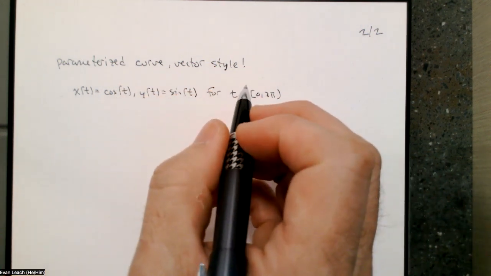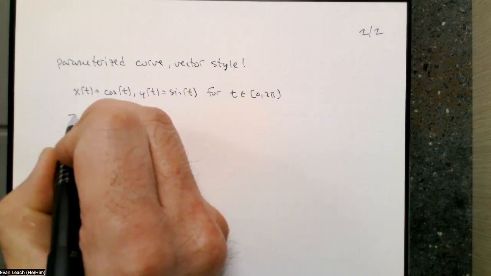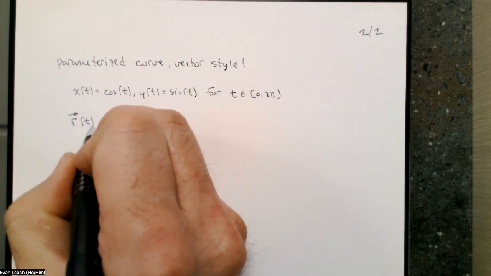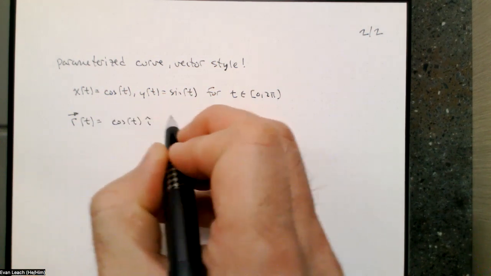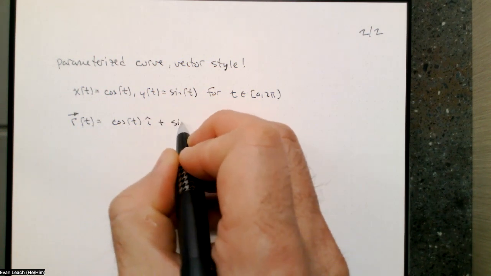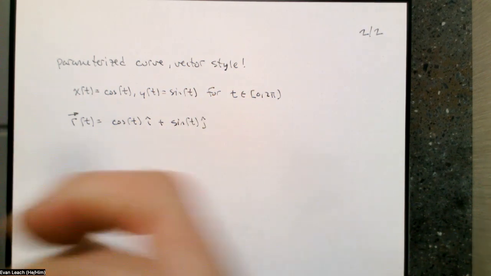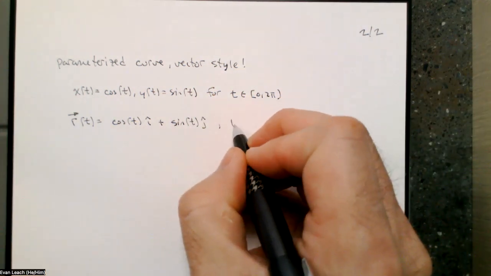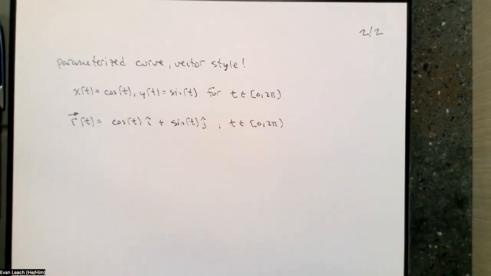Now we're going to write a vector function. So here's how we would represent that with a vector. This is going to be a position vector. The first position vector will be (1, 0).